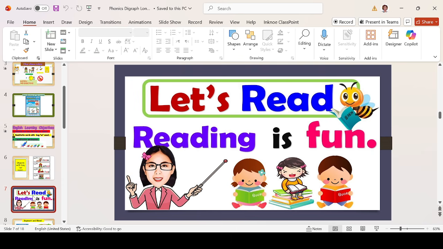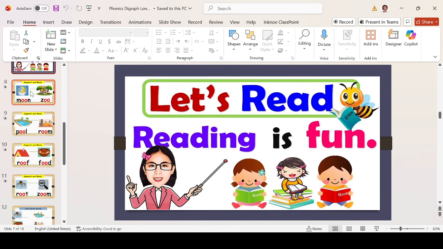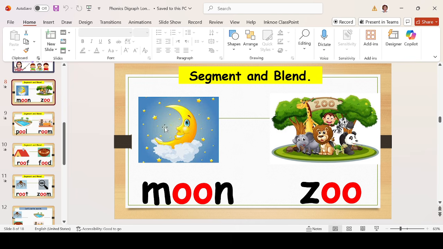So now let's try to read words with the long oo sound and see if we can do that. All right, so we have what is this? Yes, very good. Now, I'm going to say the sound, then you will do the next one. Oo, moon.